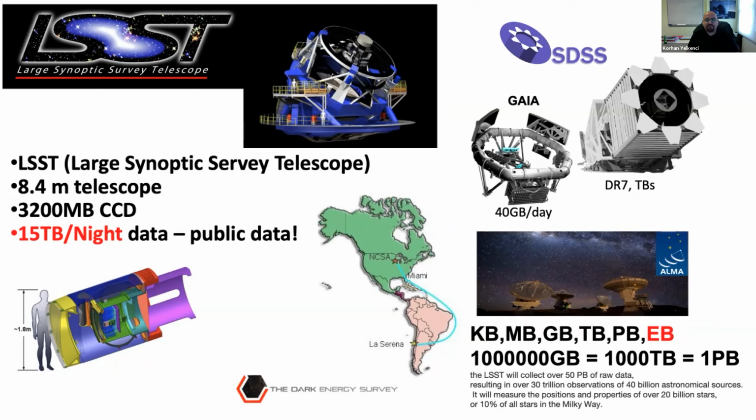So it's going to be very huge for astronomers to manage this kind of data. They already have some pipelines, prepared some programs and so on. This is a dynamic process, a dynamic project.